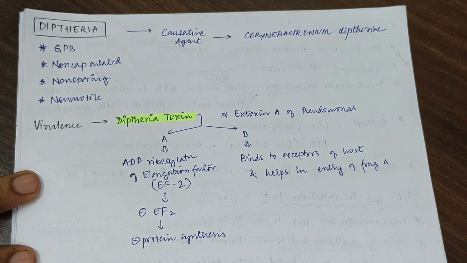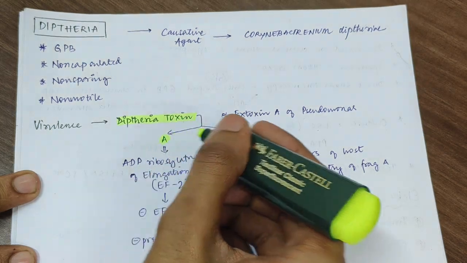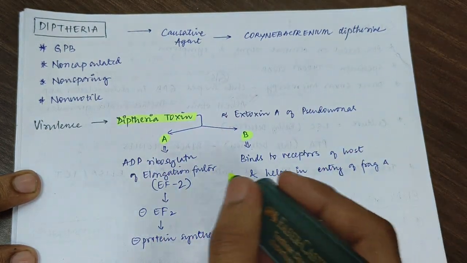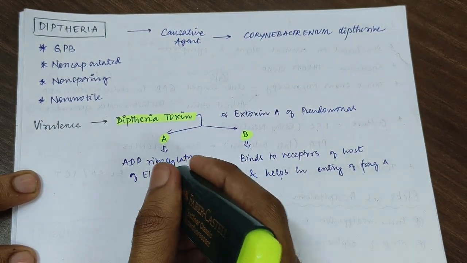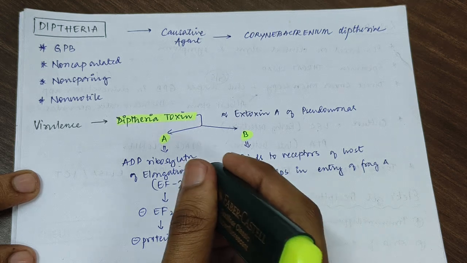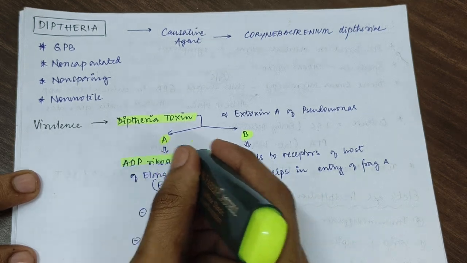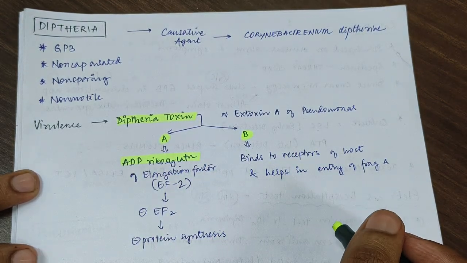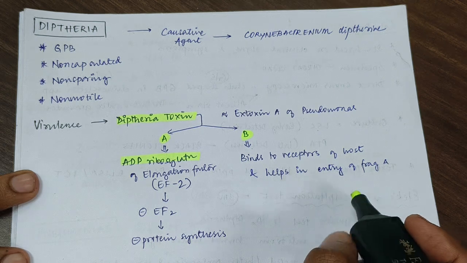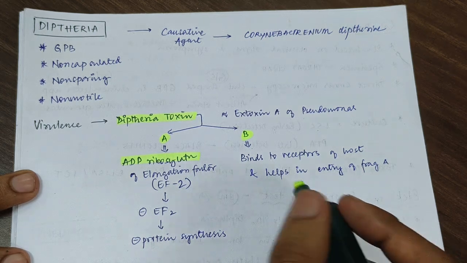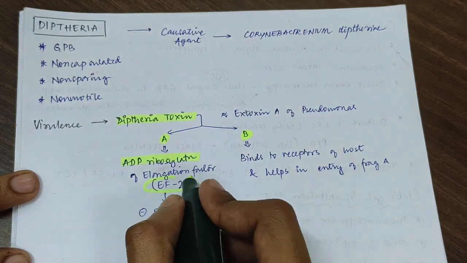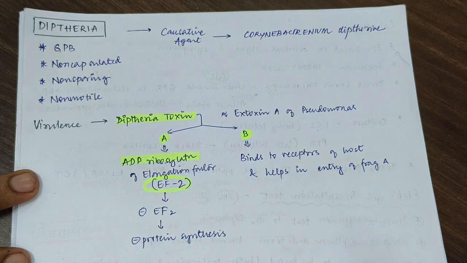So diphtheria toxin is very similar to the exotoxin A of Pseudomonas. Basically there are two fragments here, A and B. A is helping in ADP ribosylation, same like cholera toxin. The A fragment is going to do ADP ribosylation, but here it is of elongation factor. There it was different, ADP ribosylation of GTP-binding proteins, and adenylate cyclase was stimulated.